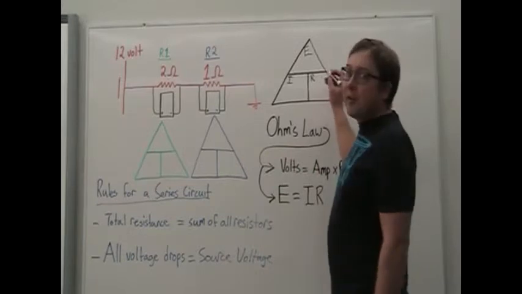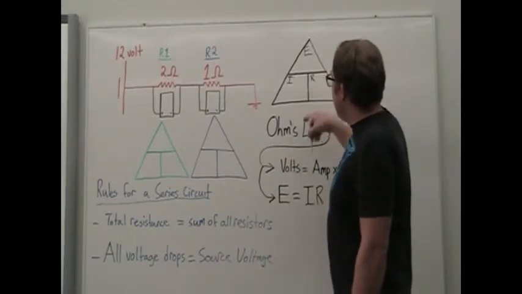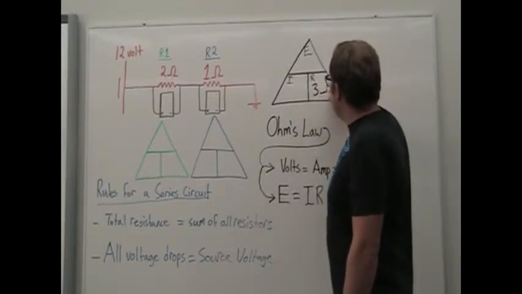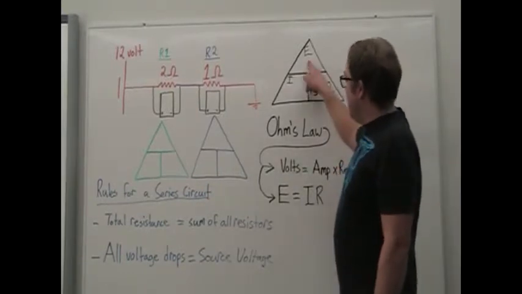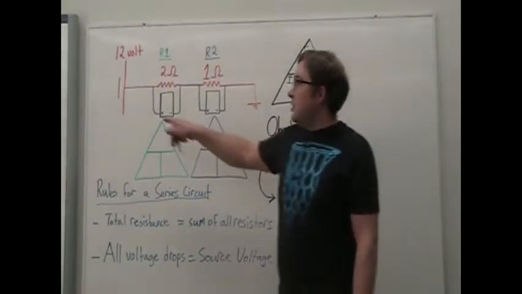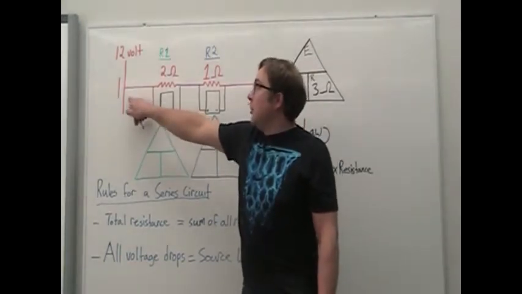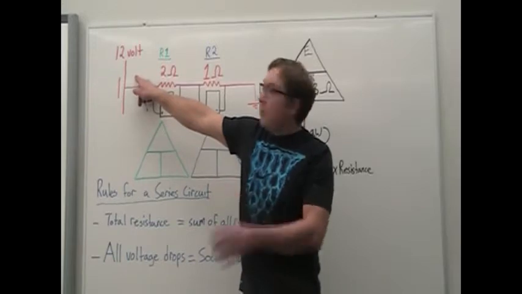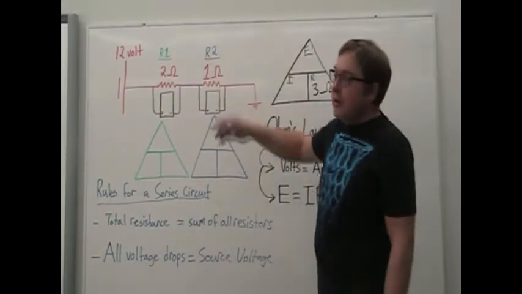Okay, so once we have a total resistance, we can put that into our Ohm's law triangle here. So 3 ohms. Okay. Now our voltage is taken from a 12 volt battery, so that's our total voltage source.